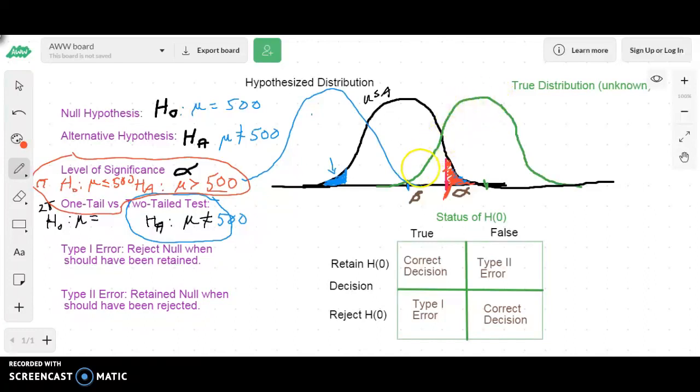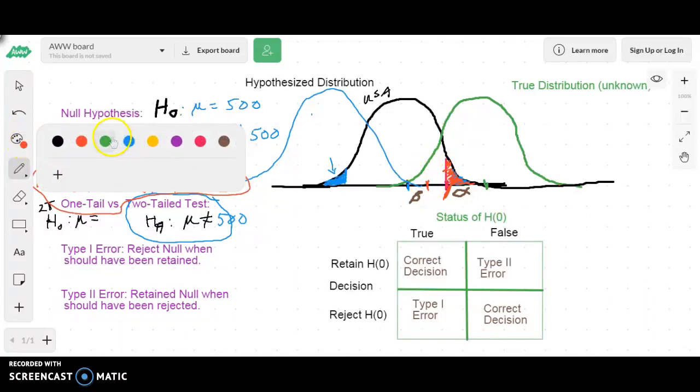So for example, up here I have in green what I'm going to call a true distribution. It's unknown. And let's just say fictitiously that New Jersey's SAT scores are significantly greater. And that normal curve for New Jersey here in the green is what we would expect. If we take a random sample of New Jersey students, there is a chance that we end up getting a score down here.